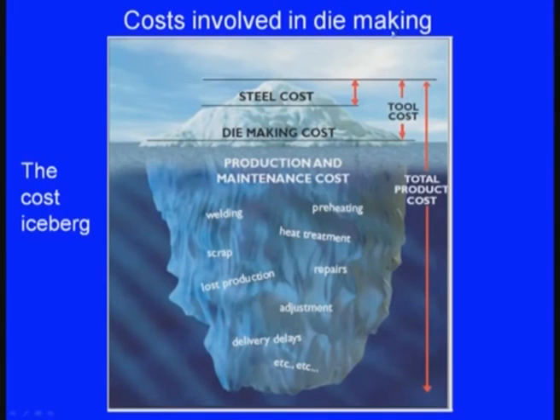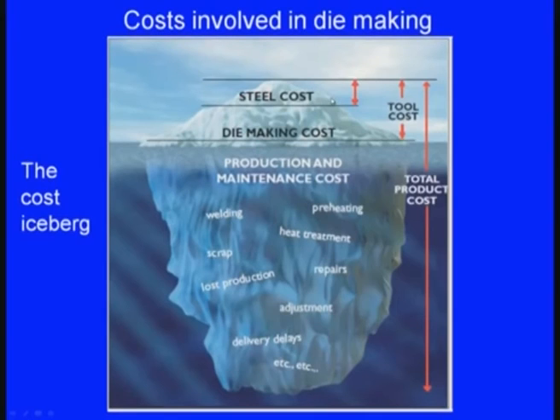Now, costs involved in die making. You can see here this is like an iceberg. Only a little cost is appearing outwards apparently, this is the steel cost and this is the die making cost. So, only this much appears to be the die cost, but there are several hidden costs.